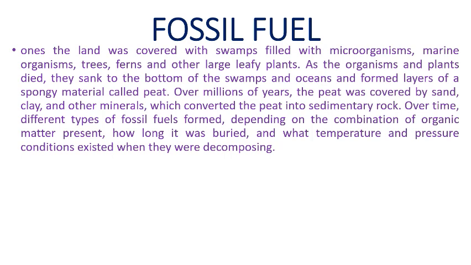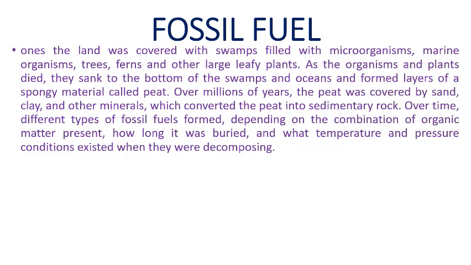Means when all those microorganisms, trees, ferns and other big animals died, they just sedimented at the bottom of the swamps, and these things form a layer which is known as peat.